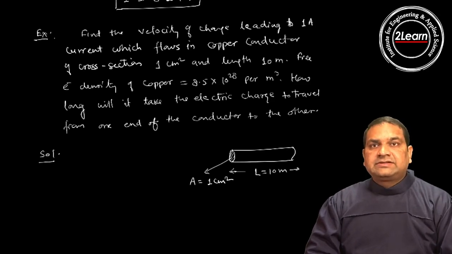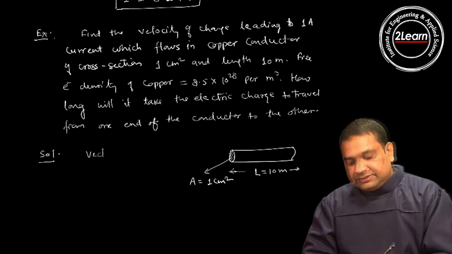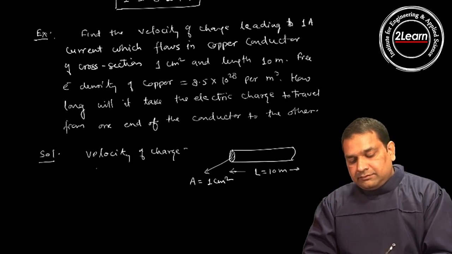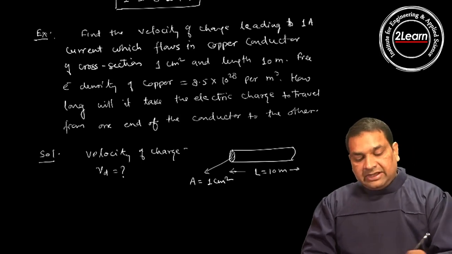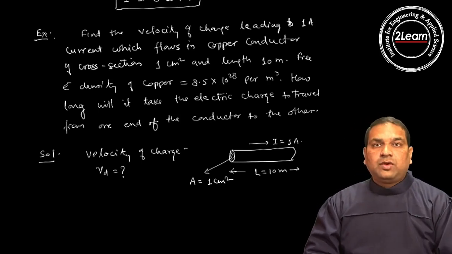In this you have to find the velocity of charge. So velocity of charge, drift velocity, Vd you have to find out. Current in this conductor is flowing, I equals how much? 1 ampere.